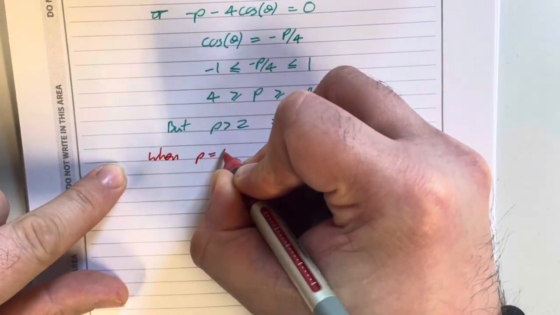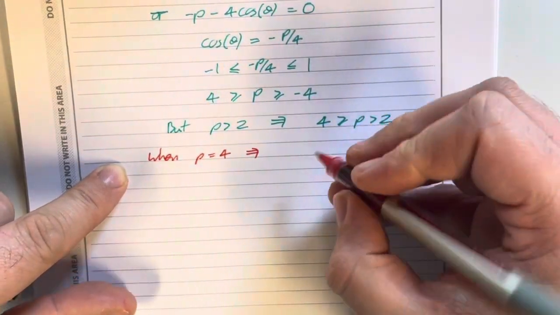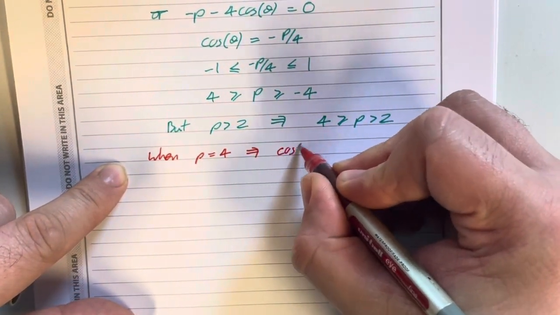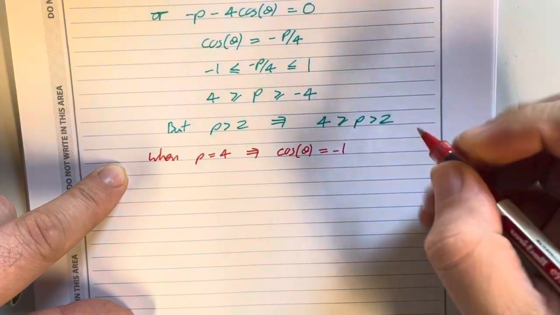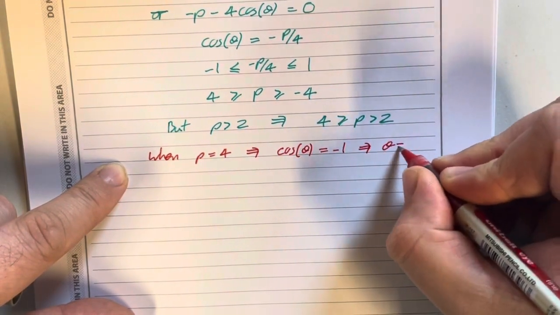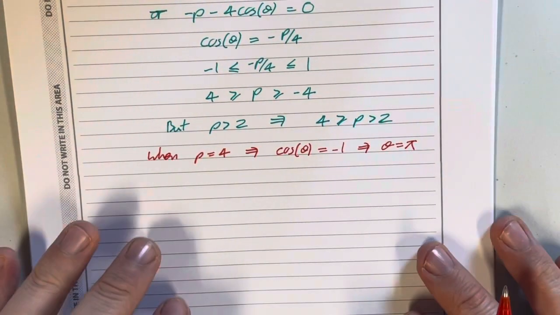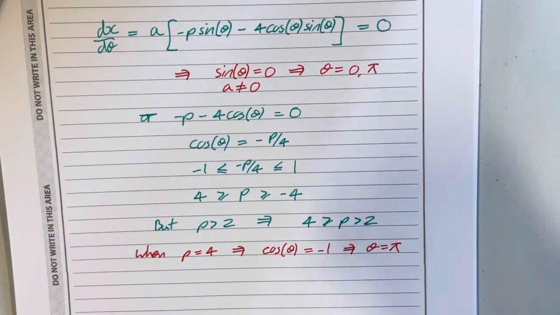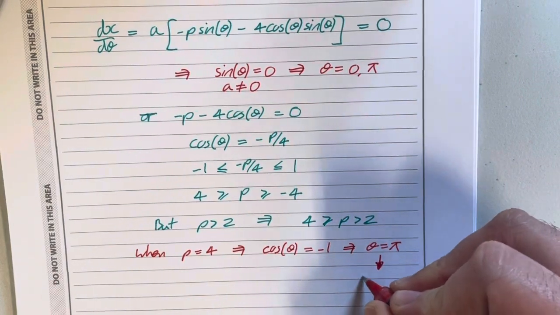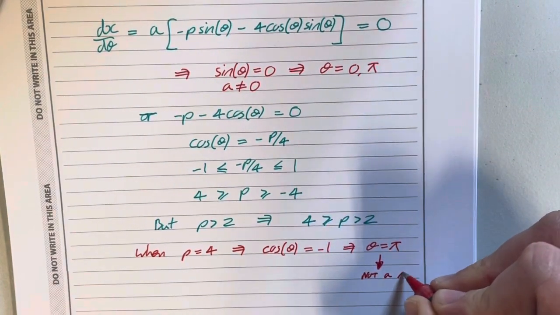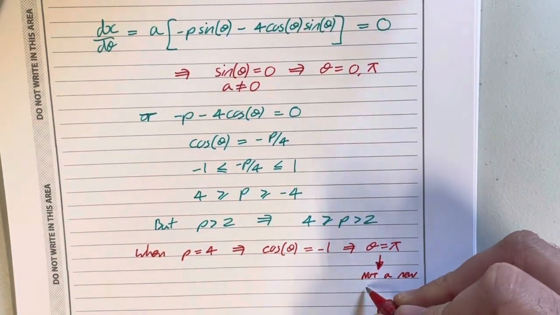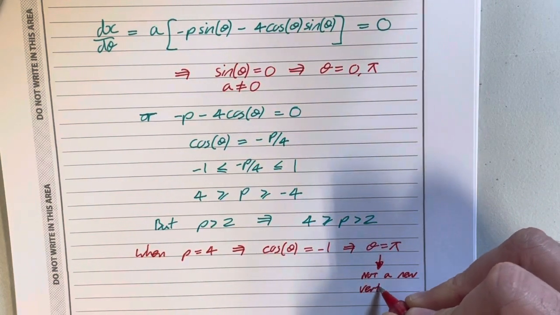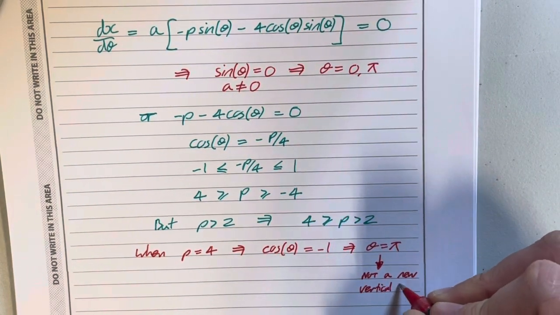When P equals 4, this implies the cosine of theta equals minus 1. This implies theta equals pi. That's an issue because we've already got theta equals pi. So that's not a new point, not a new vertical tangent.